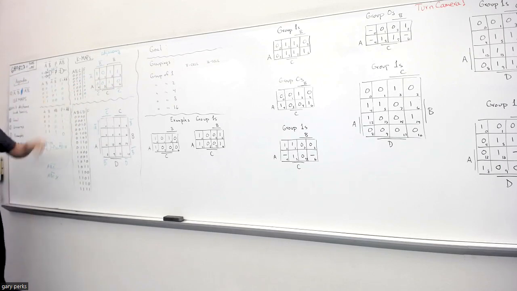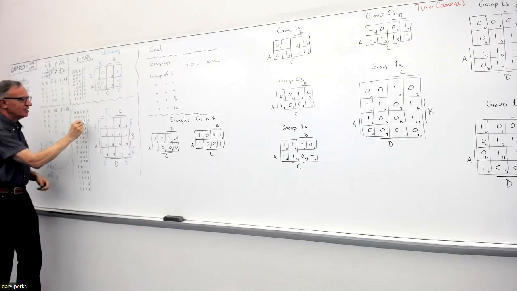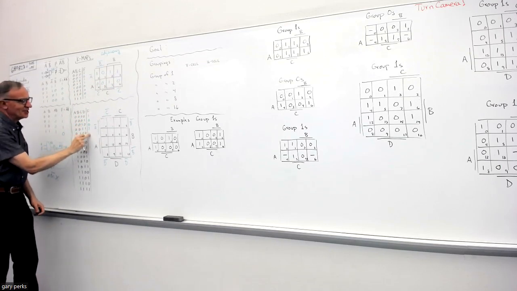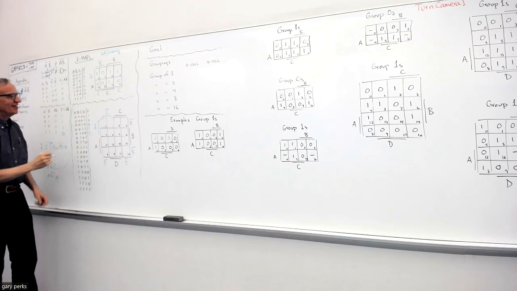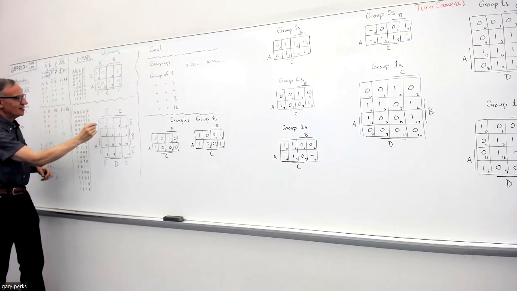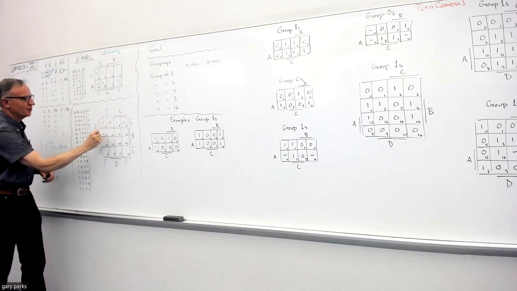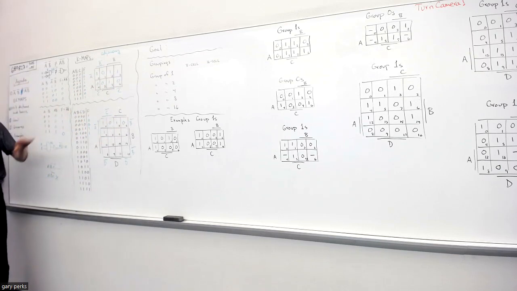It's the same idea for a 16 cell. We won't do that yet, that's coming up later. A 1 would go here, a 0 here, a 0 here, a 1 here, a 1 here, and so on. So the cells contain the output for that input. Okay, that help?